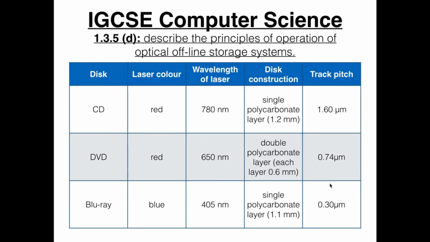Anyway, that's pretty much it for optical offline storage systems. And before we go, we need to think about the future. Most people nowadays watch Netflix and chill, and they don't really use CDs or DVDs anymore, unless they're my parents.